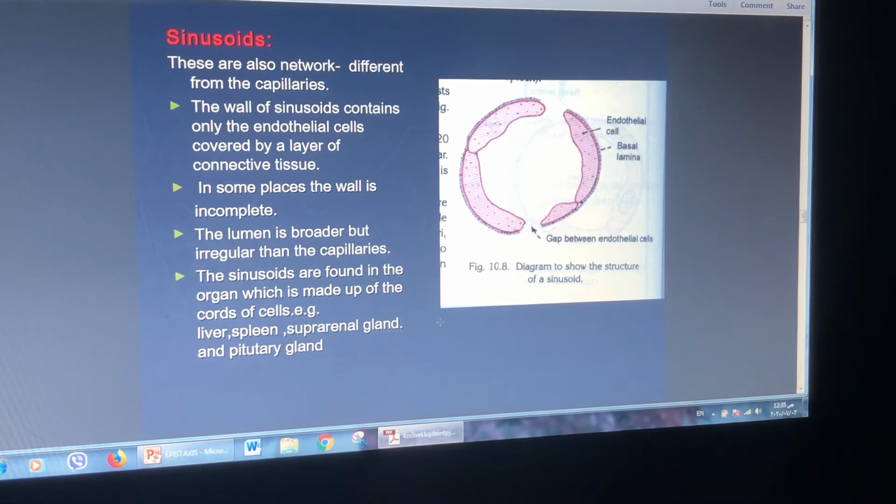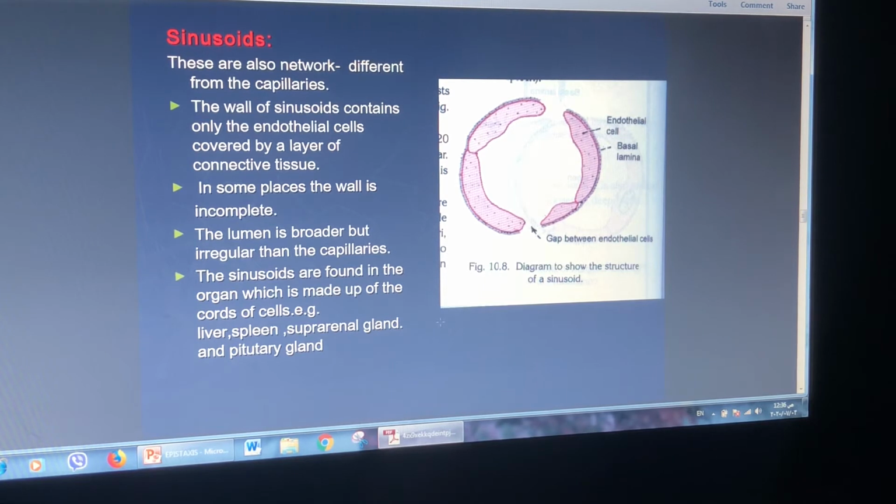Now, sinusoids. These are also a network, different from the capillary. The wall of a sinusoid contains only endothelial cells covered by a layer of connective tissue. In some places, the wall is incomplete.